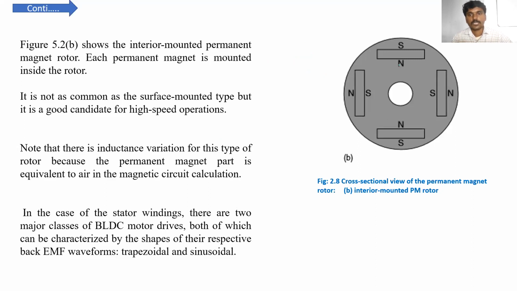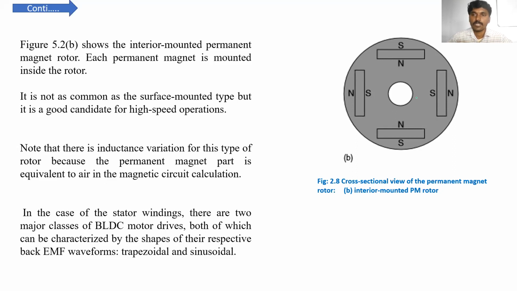Next, these are the interior mounted brushless DC motors, because the permanent magnets are placed inside the rotor circuit. That's why this motor is called the interior mounted permanent magnet rotor or interior mounted brushless DC motor. It is not as common as the surface mounted type, but it is a good candidate for high speed operations, because the permanent magnets are mounted inside the rotor.